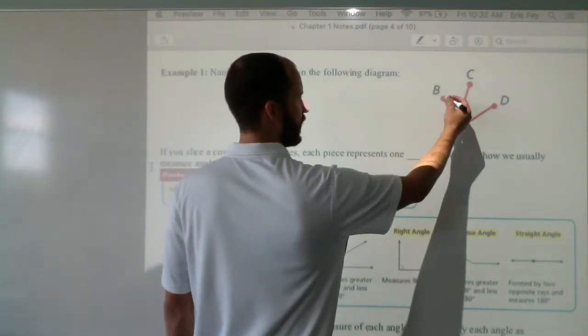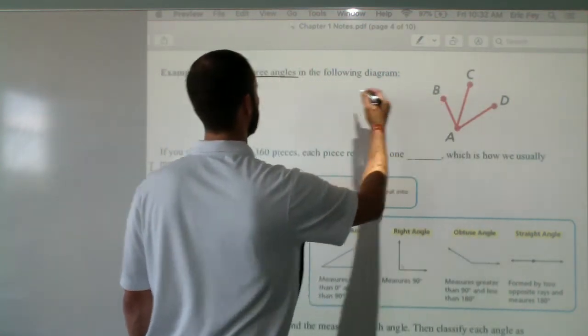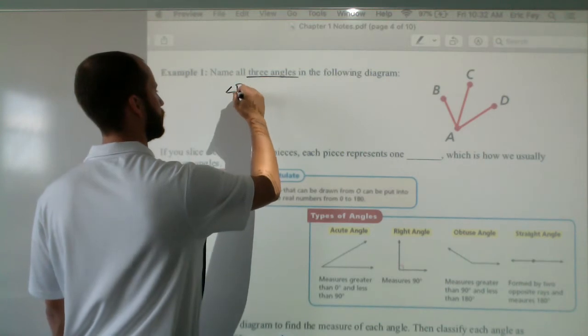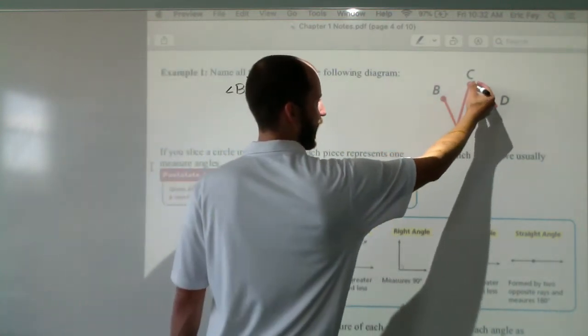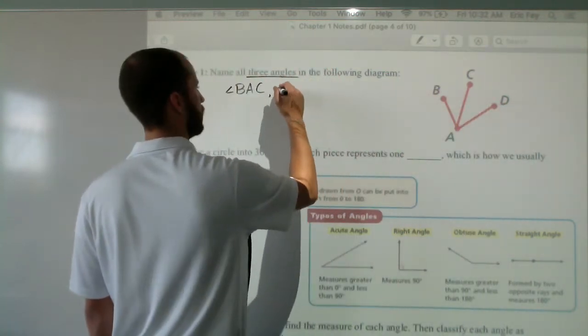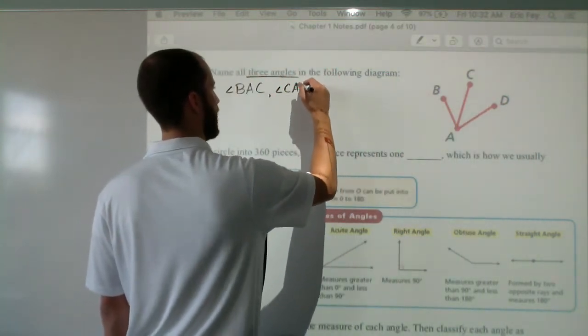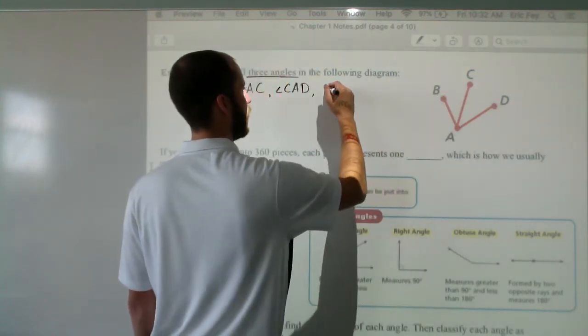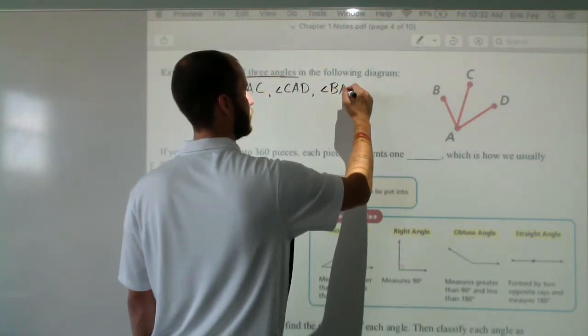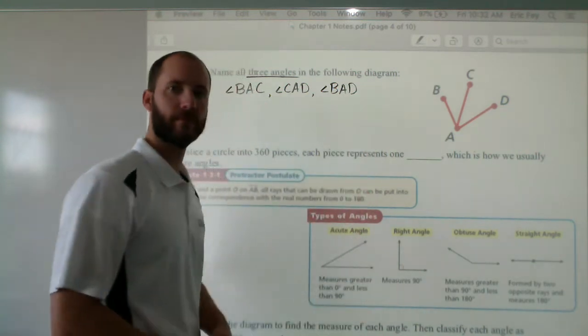So this angle to the left, angle BAC. This angle here to the right, angle CAD. And this angle, the overall, angle BAD.